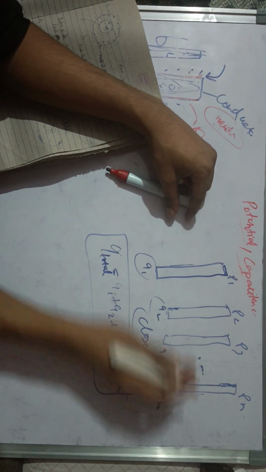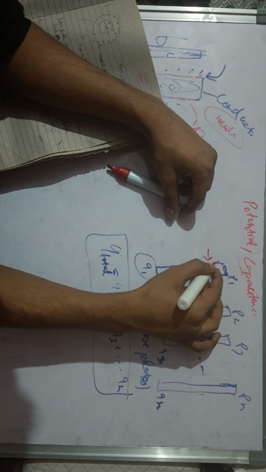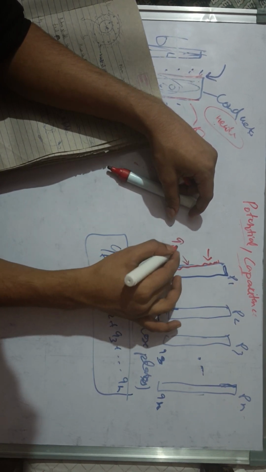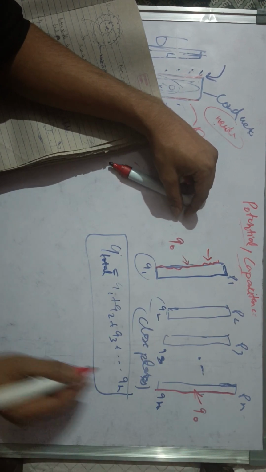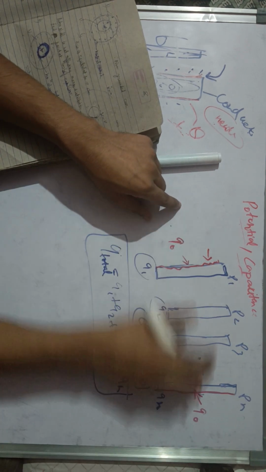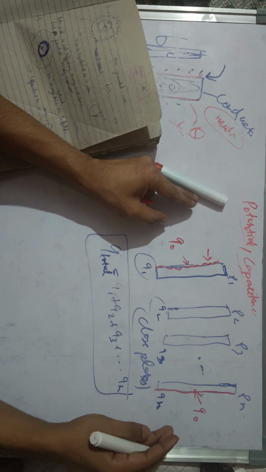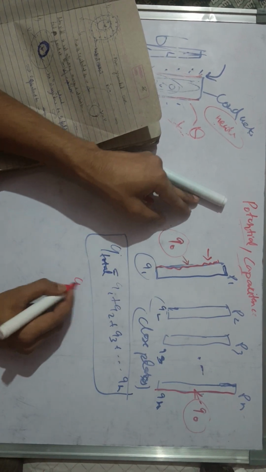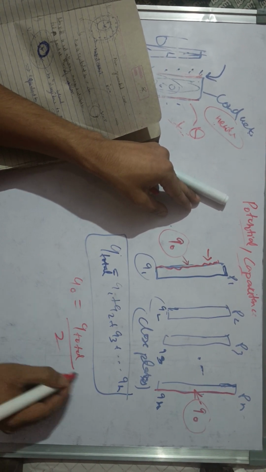Then on the outer side of this plate there will be some charge, let's say q naught, and on the outer side of the last plate there will also be a charge q naught. Both these extreme plates on their outer sides will have q naught charge, and q naught is equal to q total divided by 2.